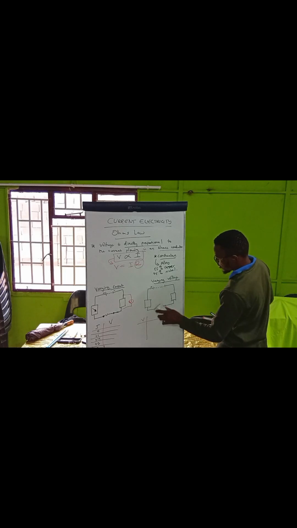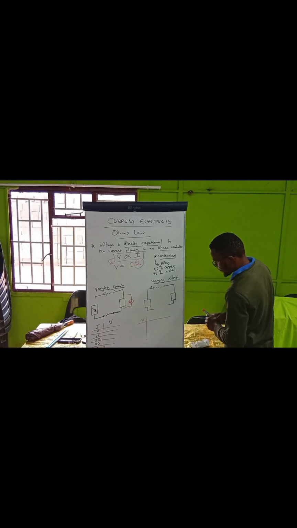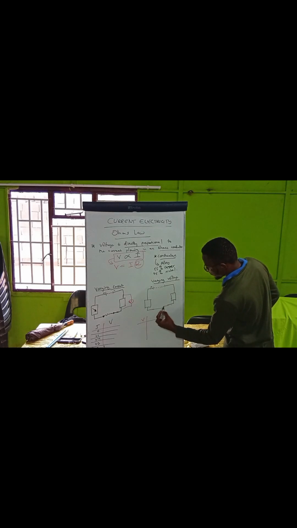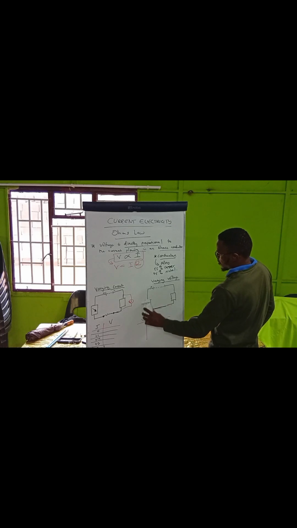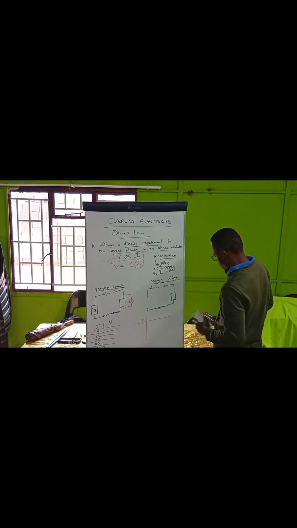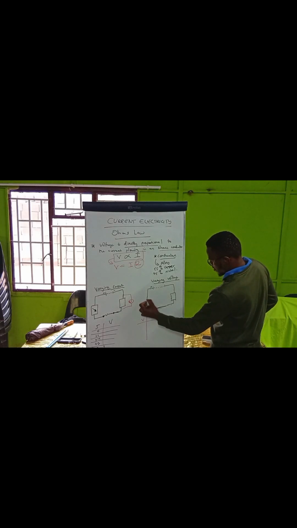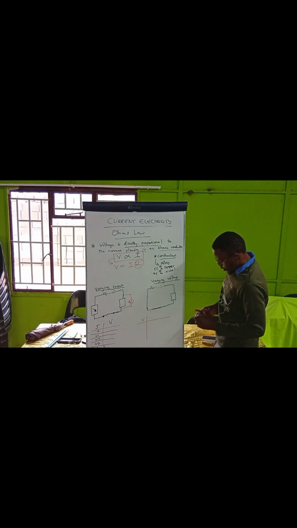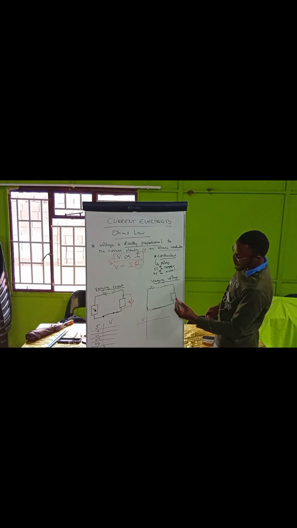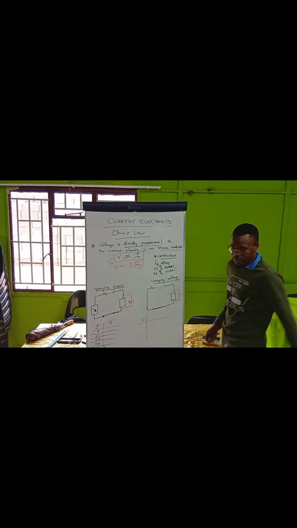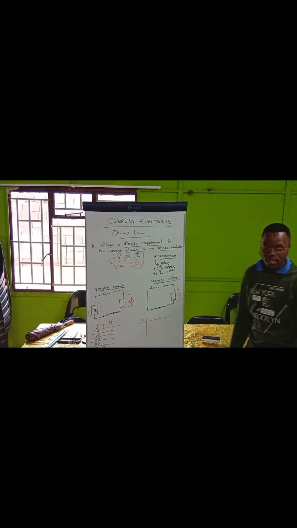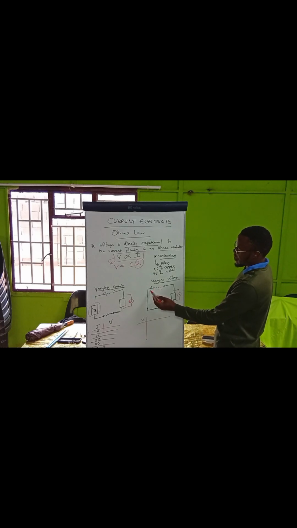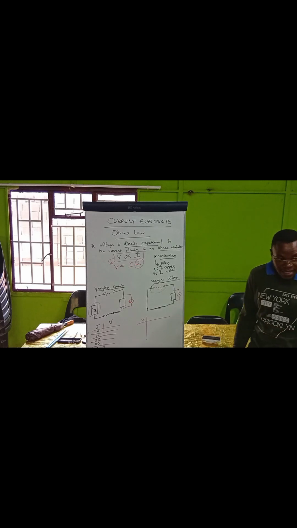In fact, we don't even need the constantan wire. So in this particular circuit now, you are only changing the number of cells. Previously we were changing the current through the variable resistor.